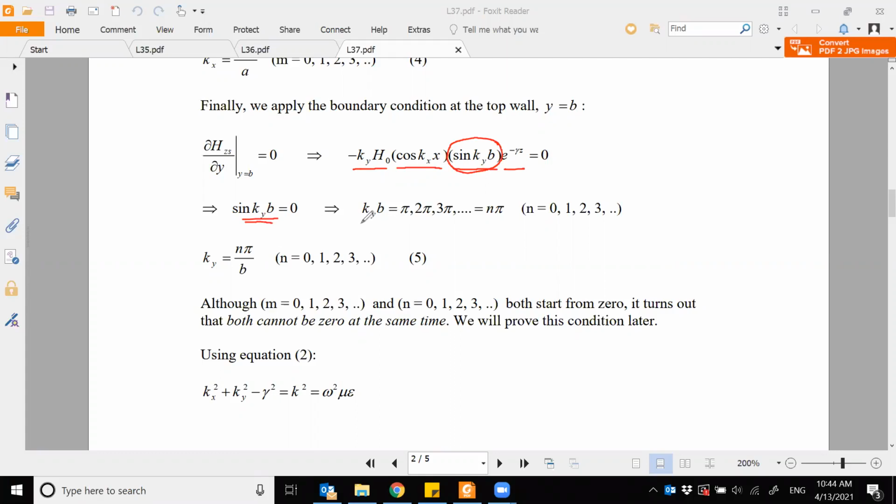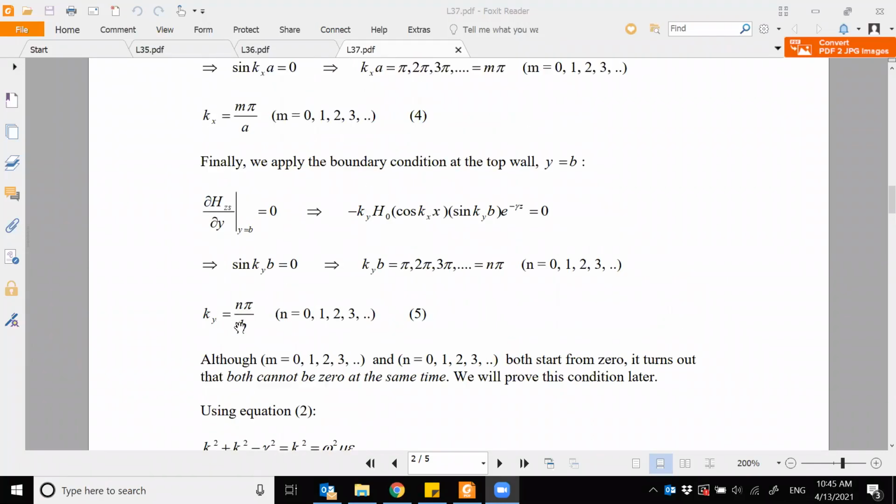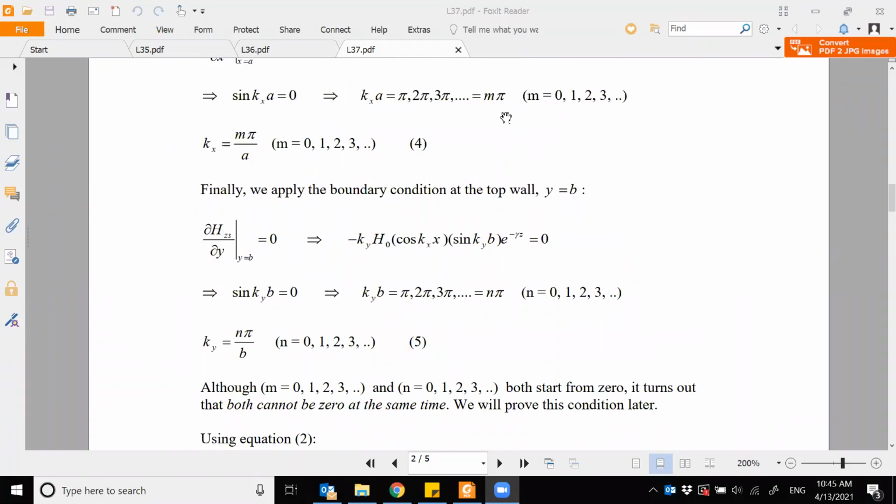So therefore, ky b is pi, 2 pi, 3 pi, or n pi, where n is equal to 0, 1, 2, 3. So therefore, ky is n pi over b, where n is 0, 1, 2, 3, and so on. Got it? So now you can see we are getting several solutions when we change n or when we change m.